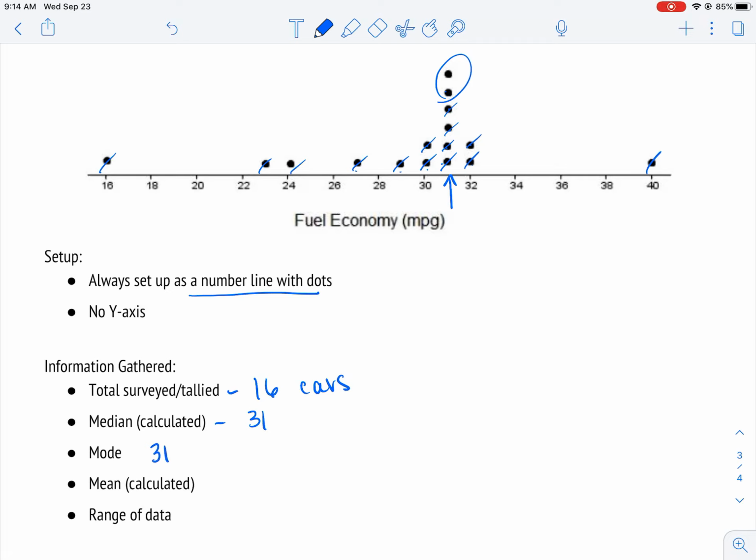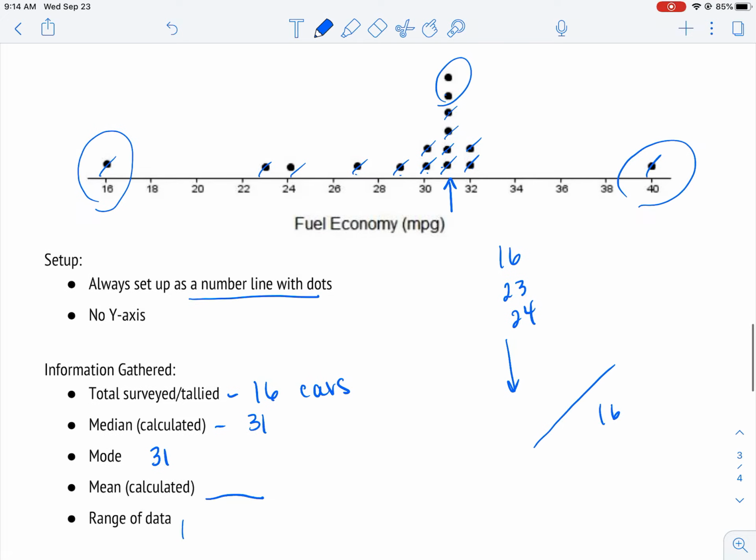The mode is 31, which has the most dots. The mean, again, you could calculate: just list out the numbers. I had a 16, 23, 24, etc. You can list all these data points, divide by 16, and then calculate your mean that way. And the range you can also see. It goes from 16 to 40, right? So you can see the extremes of the data.